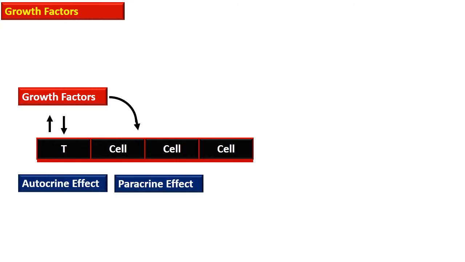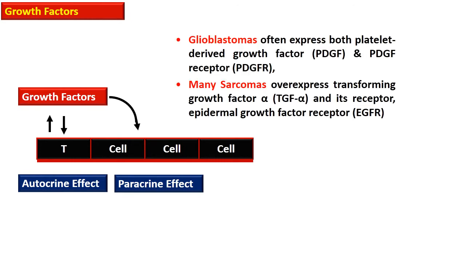But the tumor cell has the characteristic to produce both the growth factor and growth factor receptor, such as the glioblastoma, which often expresses both the platelet-derived growth factor and platelet-derived growth factor receptor. Similarly, many sarcomas overexpress transforming growth factor alpha and also overexpress its receptor, that is the epidermal growth factor receptor.